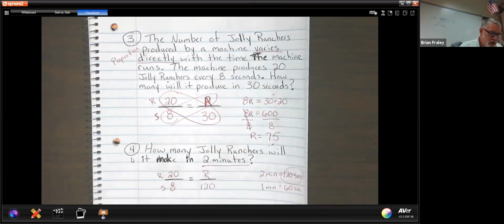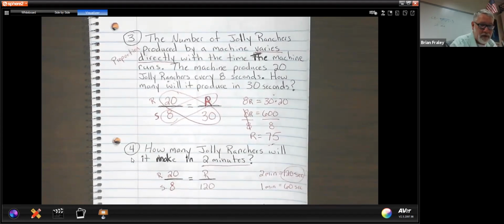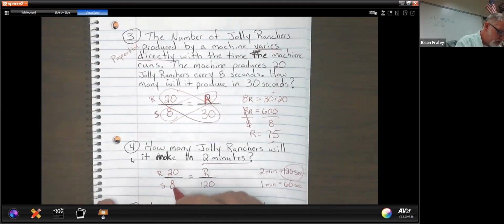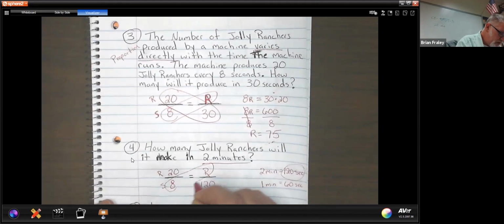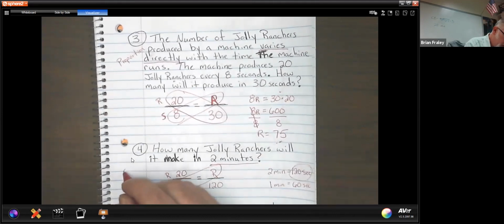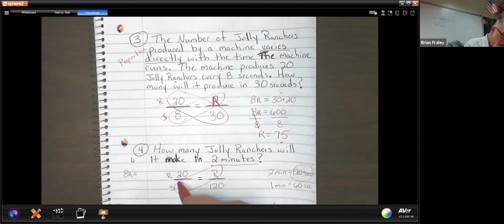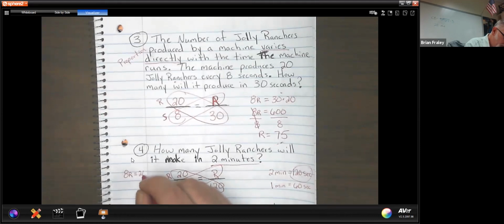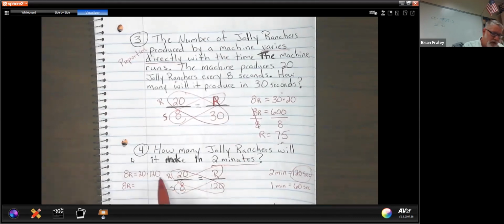Okay. We're going to cross multiply because I still don't see my scale factor. So let's cross multiply. 8 times R, and I'm going to do that over here. So 8R equals, and then cross multiply your other side. 20 times 120. Okay. So bring down the 8R. We need to do the 20 times 120.